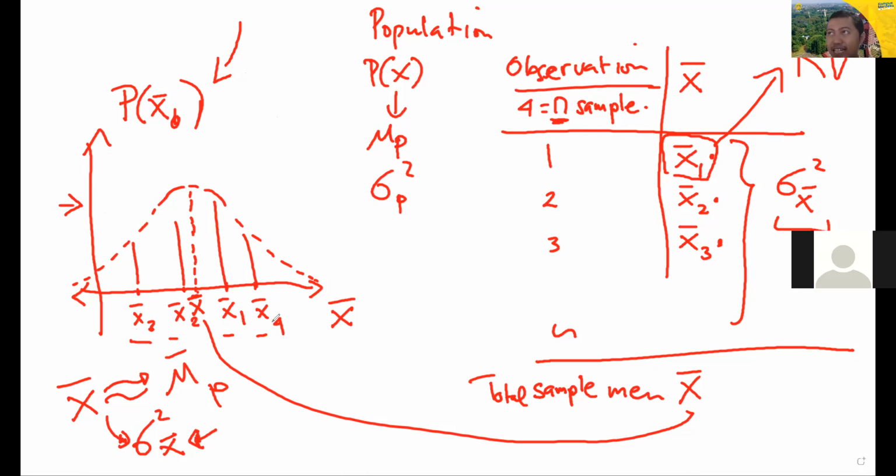Semakin kecil variasi dari sampel mean-nya, artinya dia semakin dekat terhadap rata-rata populasinya. Logis ya. Mudah-mudahan I hope you can understand my explanation.